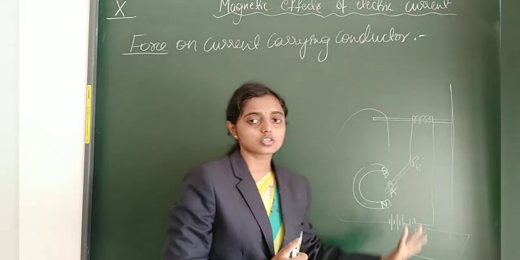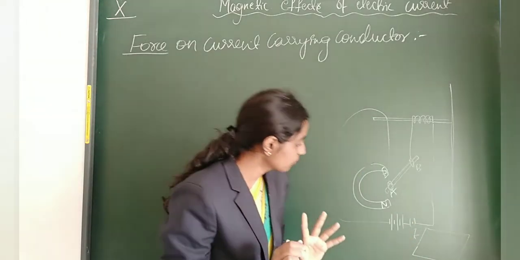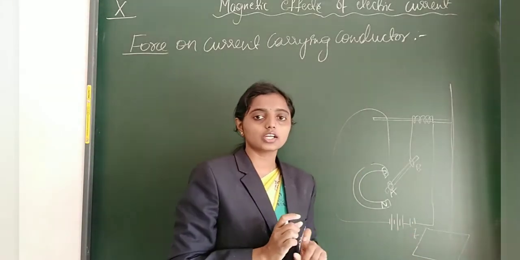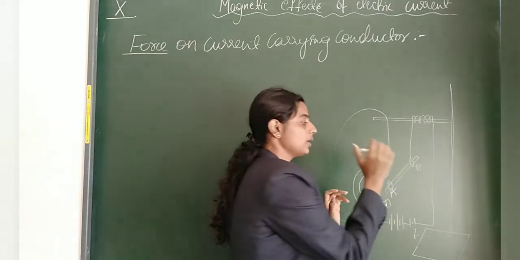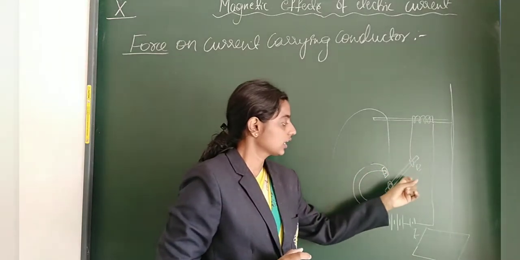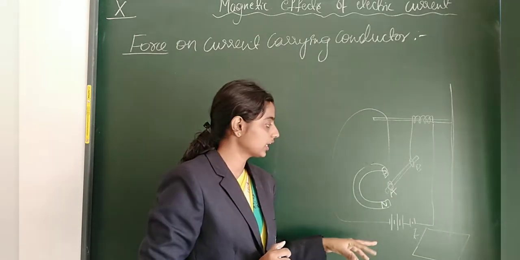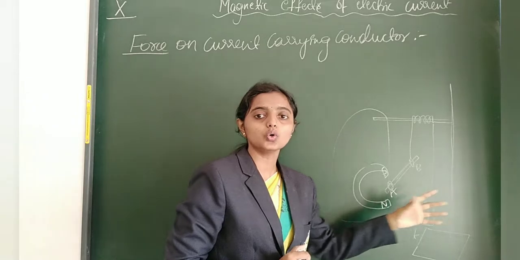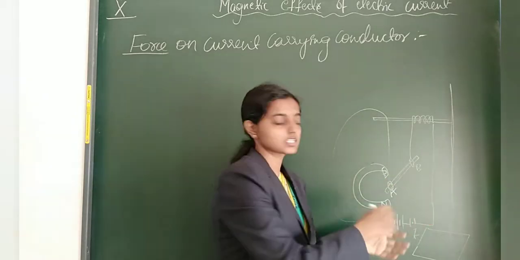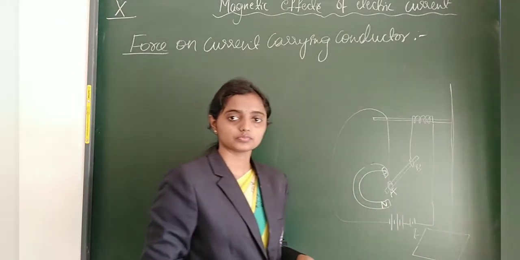Now this is how it looks. What we need to do is, when we switch on the current, observe the freely and horizontally suspended aluminium rod. When we switch on the current, it will start to make a displacement, that is, it will start to move.